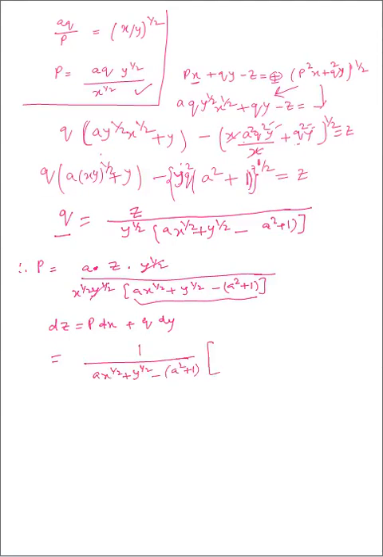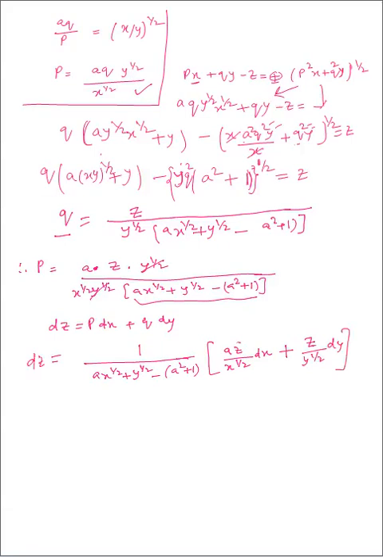P is this, so p is a z upon x to the power half dx, plus q is z upon y to the power half dy. This is equal to dz.